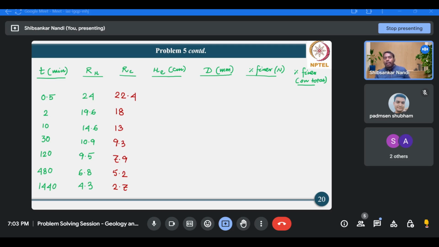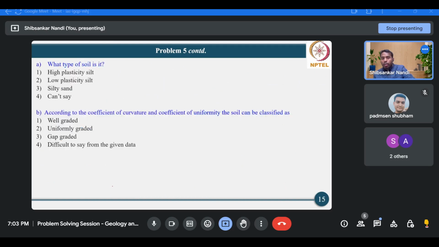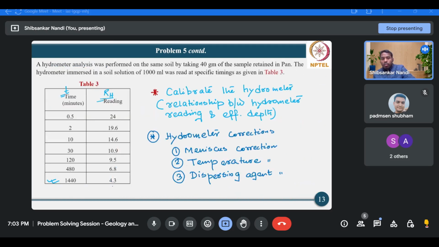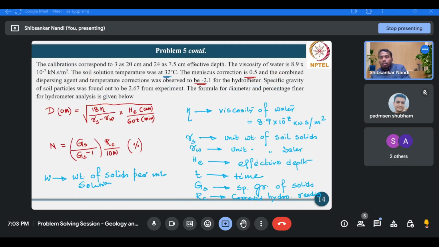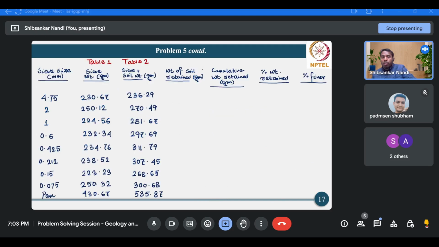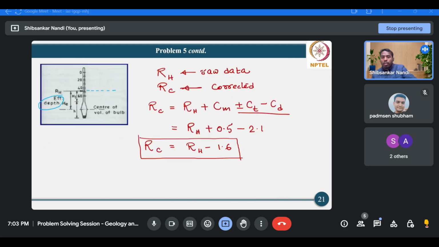Now how can we get the effective depth? For that we have to go to the calibration aspect. A statement is given in the problem that the calibrations correspond to 3 as 20 centimeter and 24 as 7.5 centimeter effective depth. What is the meaning of this statement? This is the RC and this is the HE.